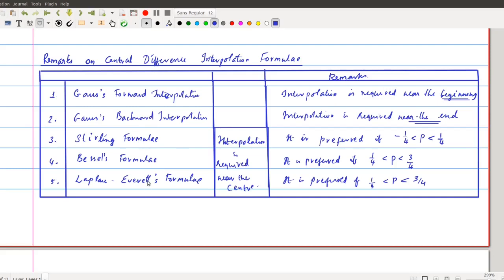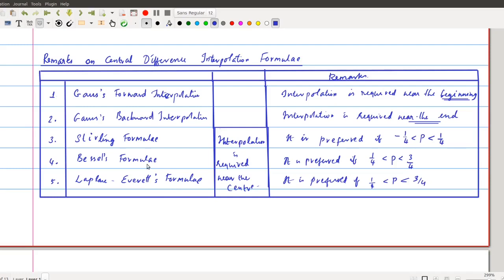If the p value lies between minus 1/4 and 1/4, it is preferred to use Stirling formula, so that will give a more accurate value. If the interpolation is required near the center, we will use Bessel's formula, which is preferred if 1/4 is less than p less than 3/4. With the same condition, 1/4 less than p less than 3/4, we can use the Laplace-Everett formula.